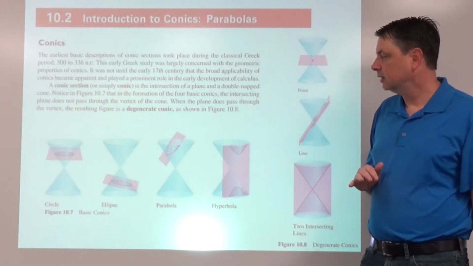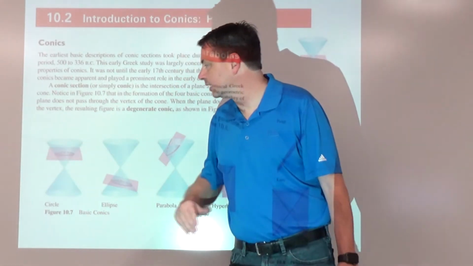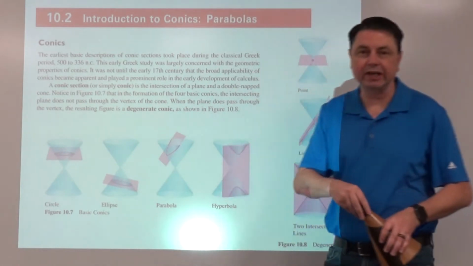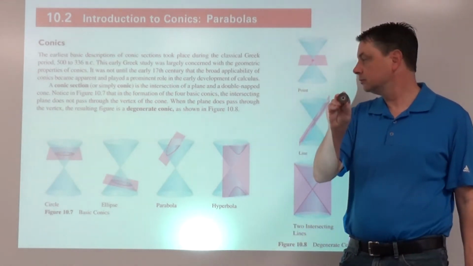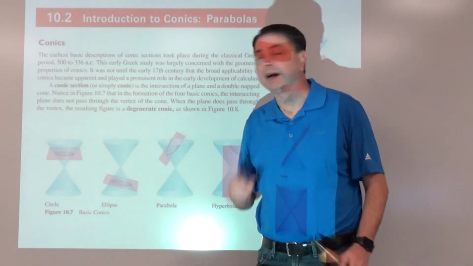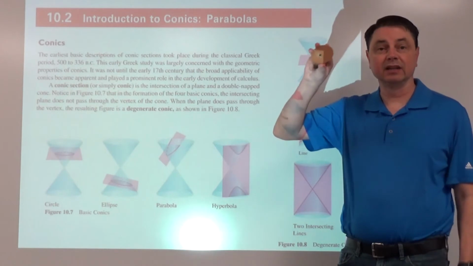plane. The different figures that we get: if we slice it parallel to the base and not passing through the center, we would get a circle. If we slice at an angle, not passing through the base, we're going to get an ellipse.